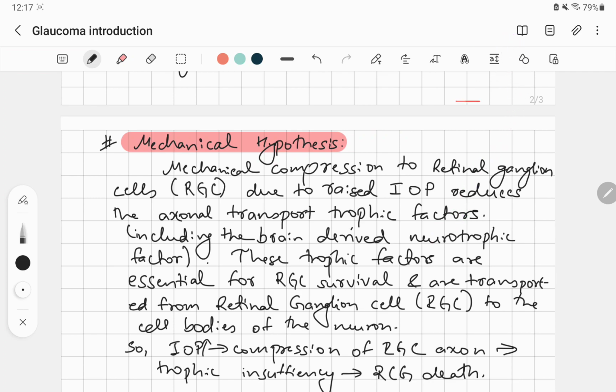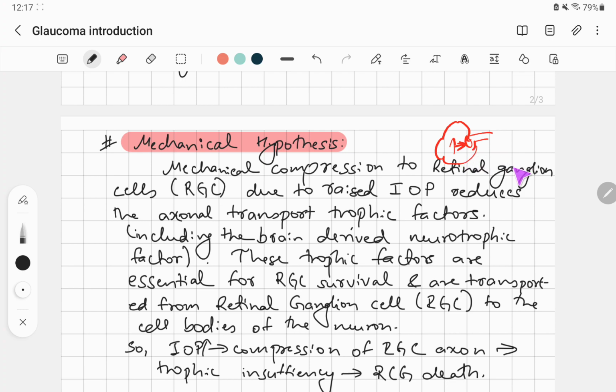So if the intraocular pressure is high, then your optic nerve and the optic disc here will be pressed.